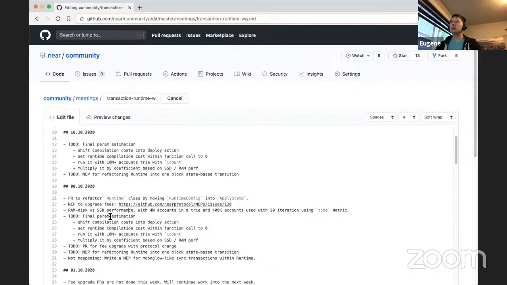The reason it's so slow is because it runs under a simulator, which measures CPU instructions in addition to disk read and write instructions. So it might affect some caching and other metrics. And it does have RocksDB threads enabled plus caching enabled, so it will be more realistic than what we have within the param estimator, where we don't have a cache enabled and we don't have threads enabled.